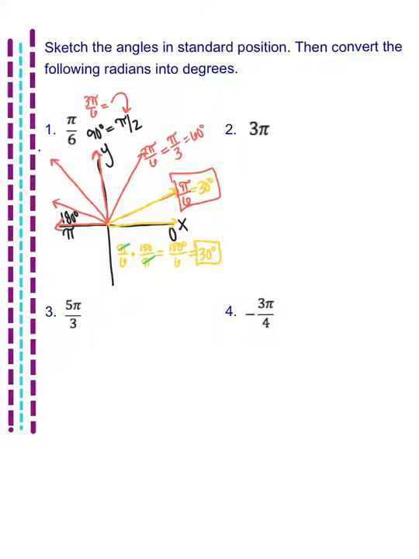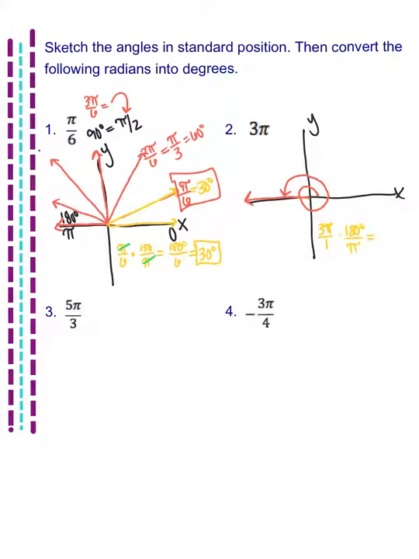And let's do the 3 pi now. All right, 3 pi's. This one will hopefully not be too bad. So 3 pi's means you are going to go out 1 pi, 2 pi's, 3 pi's. So there's my terminal side right there. If you were to convert this, you're taking 3 pi, which is understood to be over 1, multiplying by 180 degrees over pi radians.